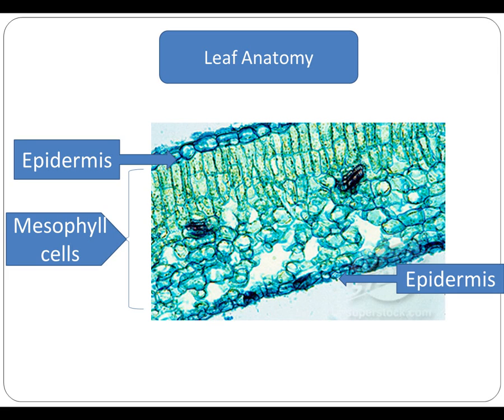You may also recall that respiratory gases have to get in and out of the cell, and there are specialized large openings at the underside of the leaf, and they're called the stomata. S-T-O-M-A-T-A.